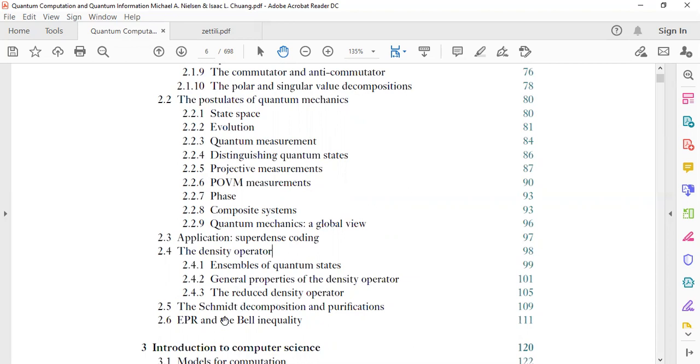And then lastly, we have the EPR, the famous Einstein-Podolsky and Rosen paper, where they questioned the completeness of quantum mechanics, and they have their argument, some valid questions regarding the completeness of quantum mechanics, and the Bell inequality. And this Bell inequality, the contextuality of quantum mechanics, how quantum mechanics is different than the classical perception, and how quantum mechanics is non-local.